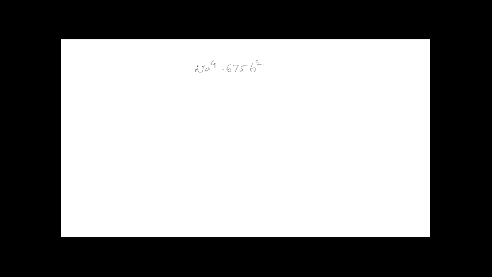What is the common factor here? 3, ma'am. So you remove 3. 9 a to the power 4, and 675 you divide by 3.